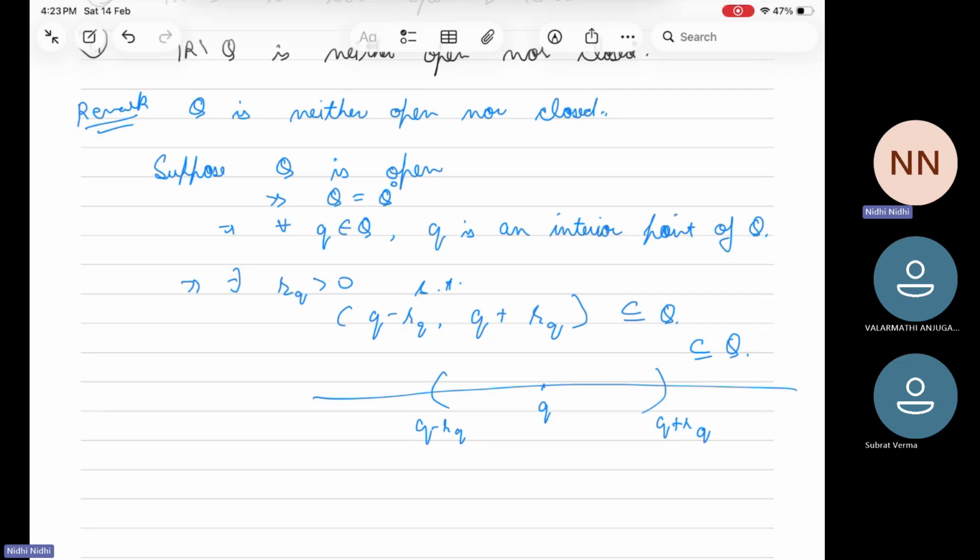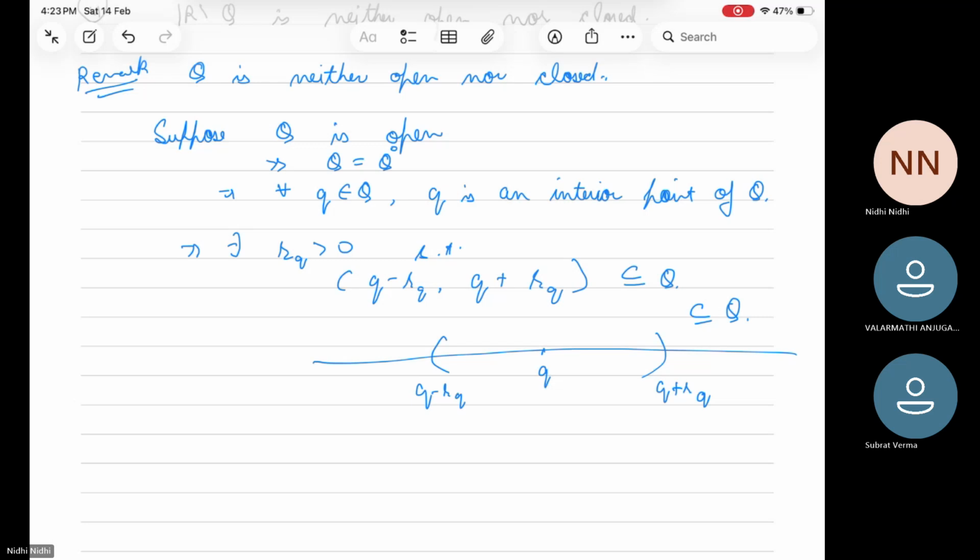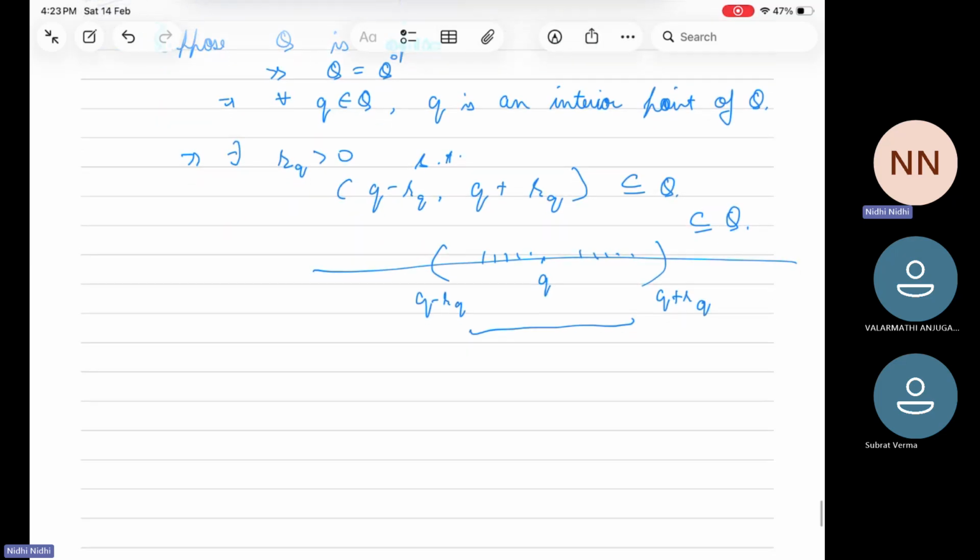In fact, this is a very good example. We should always remember the set of rationals and irrationals are neither open nor closed.